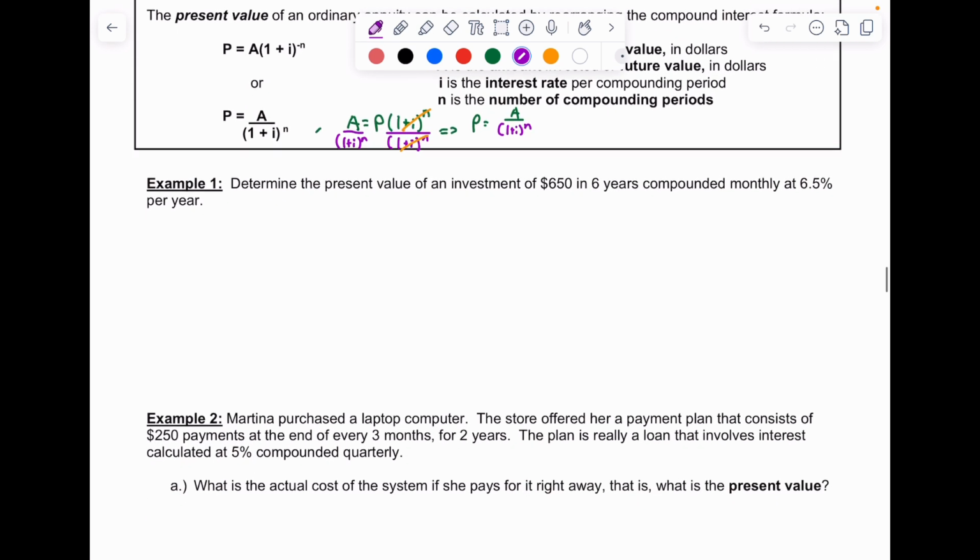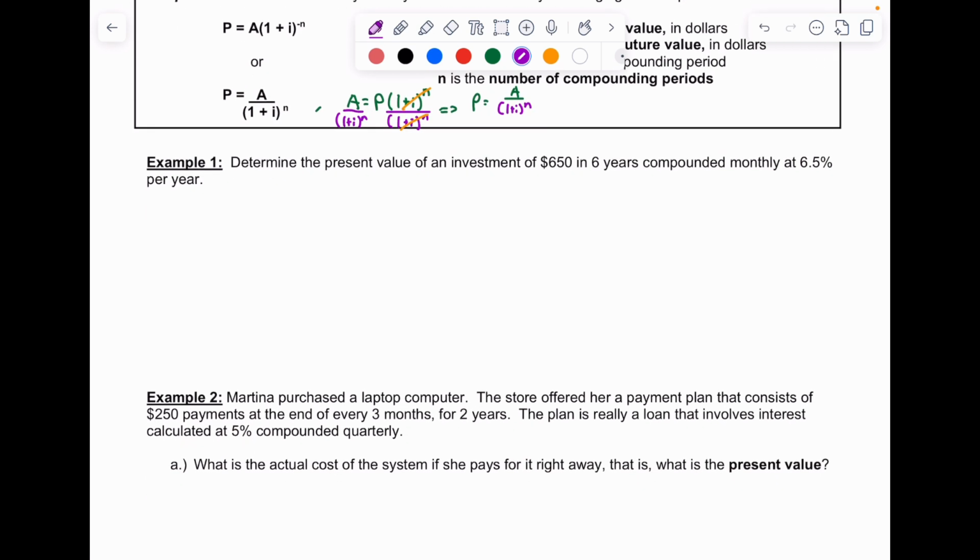So in example 1, determine the present value of an investment of $650 in 6 years, compounded monthly at 6.5% per year. Okay, so it's determining the present value, right? So in this case, we are looking for P. We're looking for the money that you would have had previously, okay?